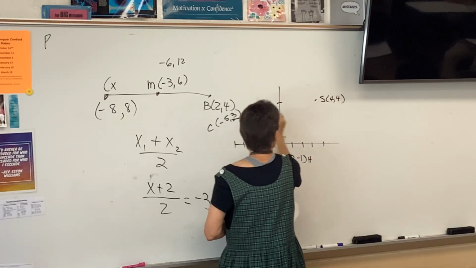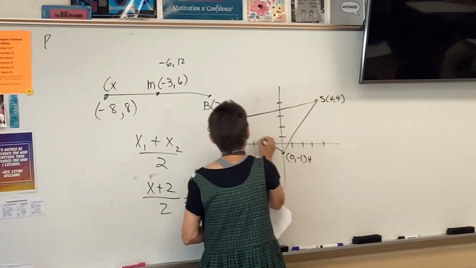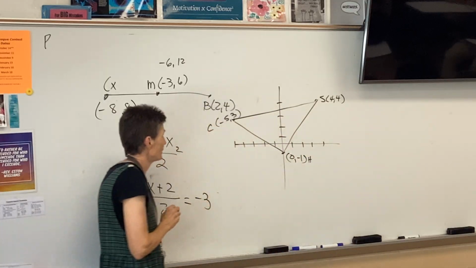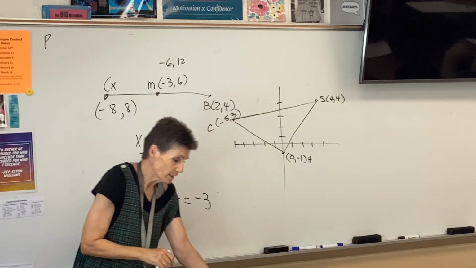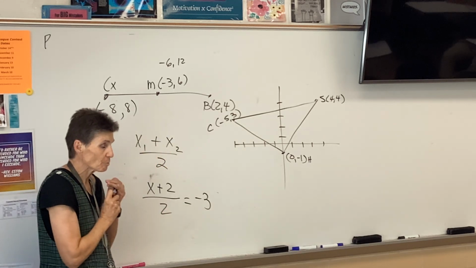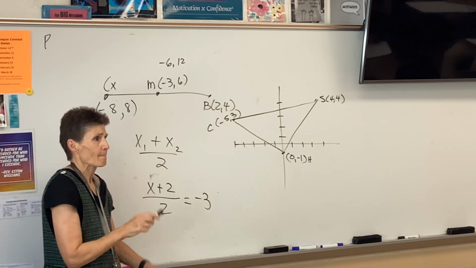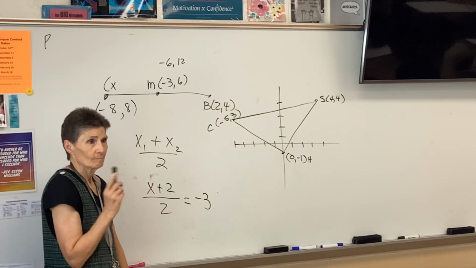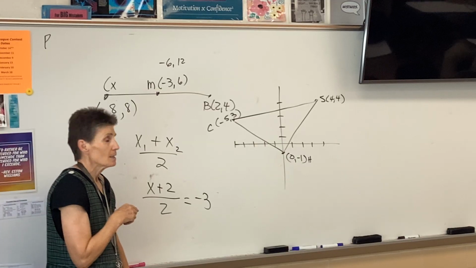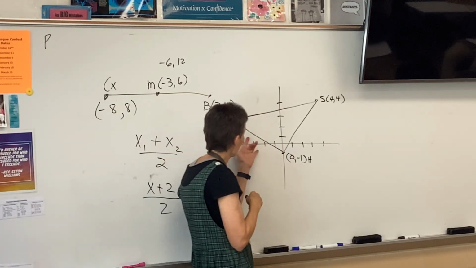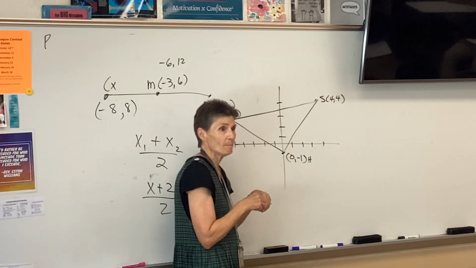All right, so here's my triangle, not very well drawn, but you get the idea. And I'm going to need the perimeter. What does perimeter mean? Distance around? So that means I'm going to find all these sides and add them up.